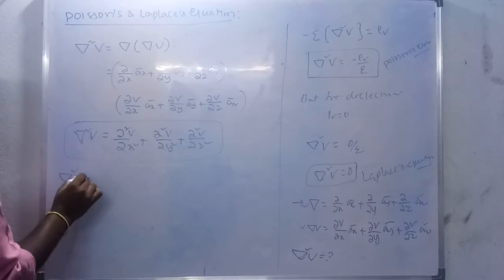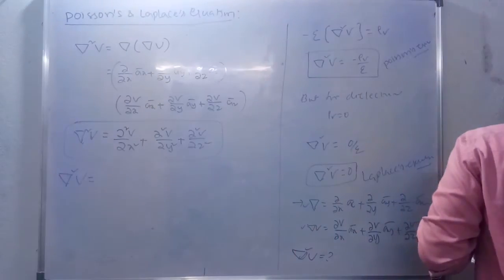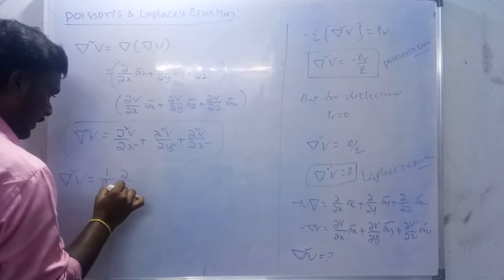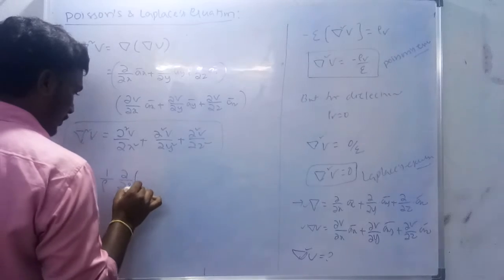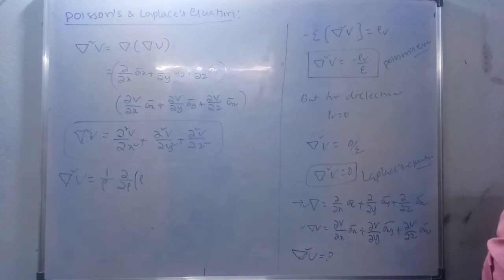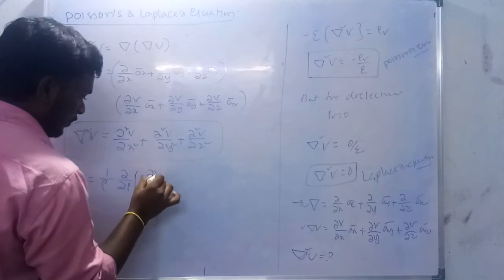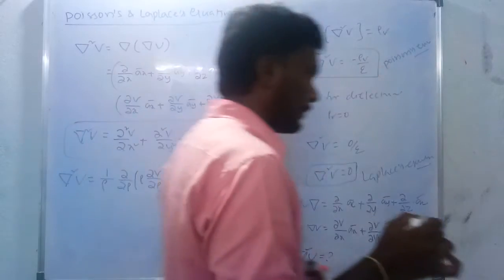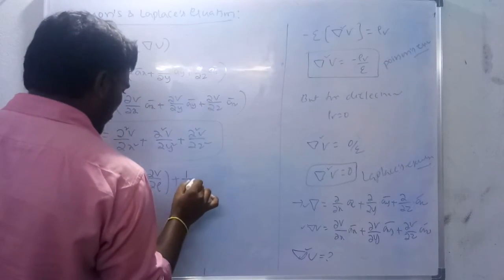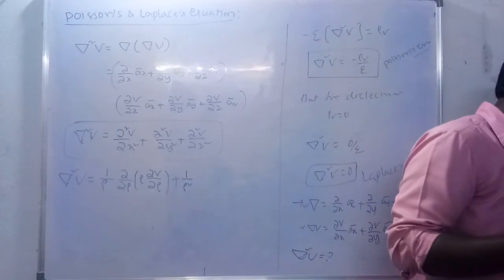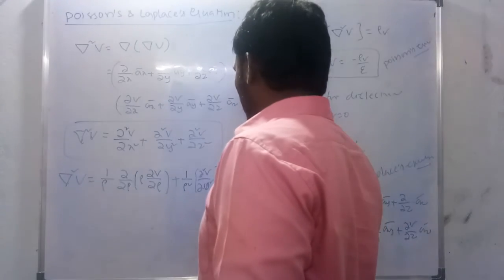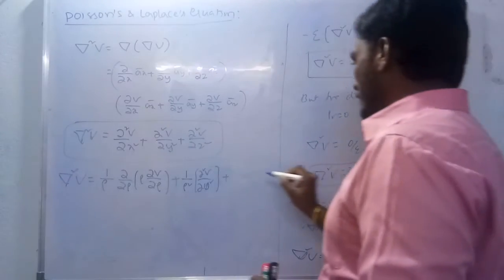Similarly, del square V is equal to, just try to remember, 1 by rho dou by dou rho of rho dou V by dou rho, plus 1 by rho square dou square V by dou phi square, plus dou square V by dou z square.